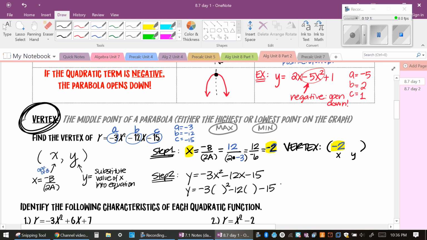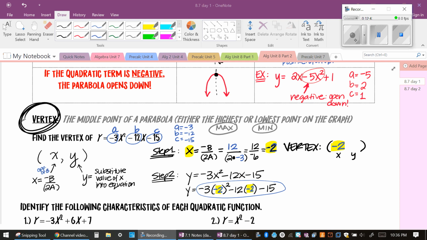Anywhere you saw an x, put your parentheses and substitute your value of x. Now you can use your head, mental math, figure out the answer, but essentially I'm trying to find out what y equals. So I need to put this all in my calculator. So everybody take a minute, either do it in your head or do it on your calculator.